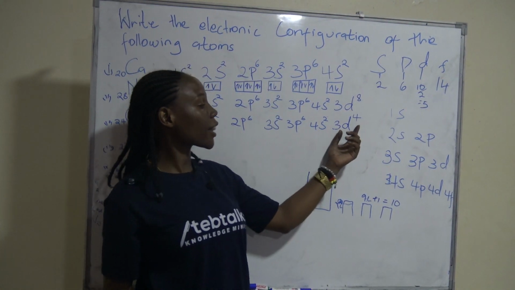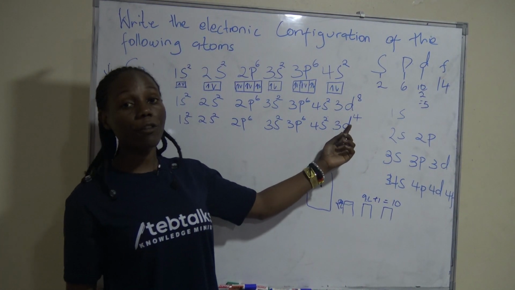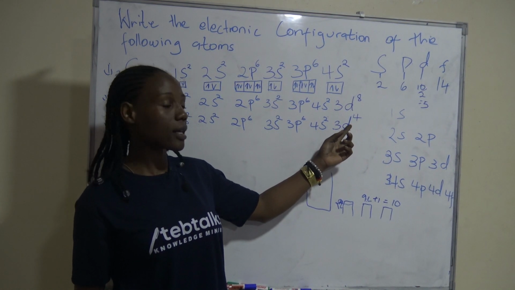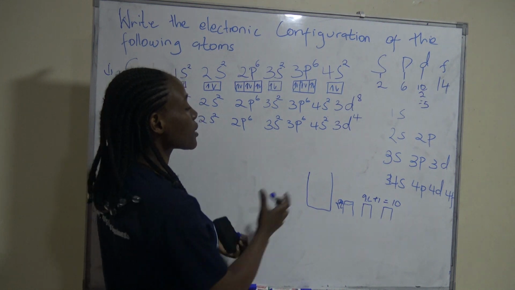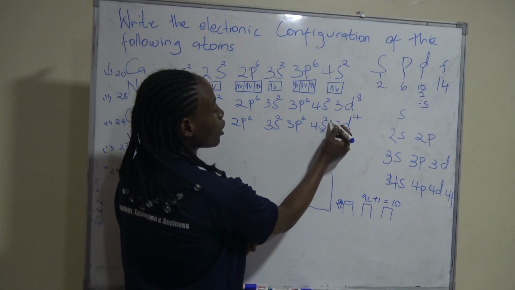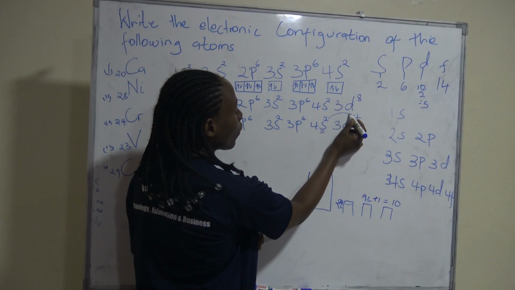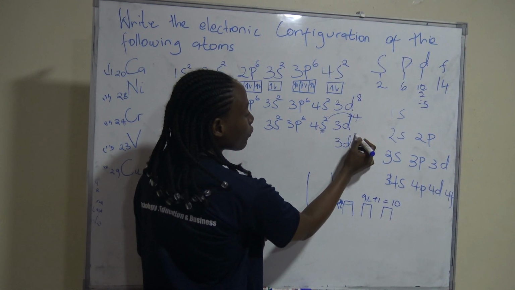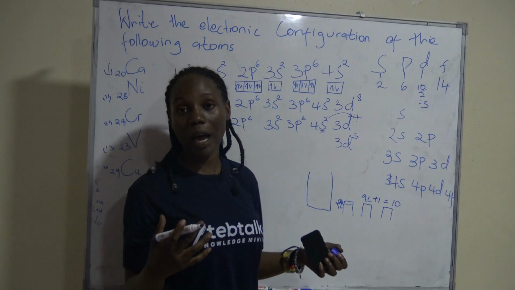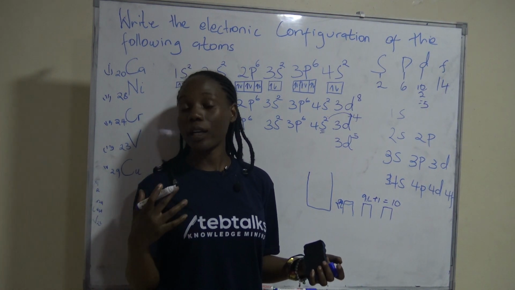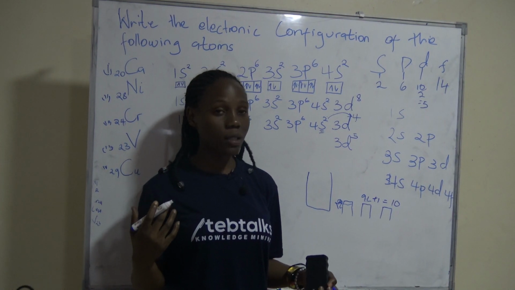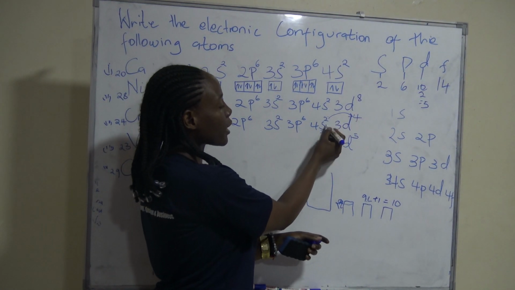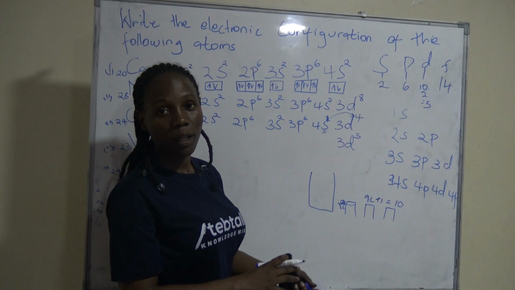Here chromium has only 4 electrons in the d subshell of its 3rd energy level. So what happens? The s donates 1 electron to the 3d to make it 5 electrons, and it becomes half filled. When it is half filled, it is more stable. That means the s will remain with only 1 electron.